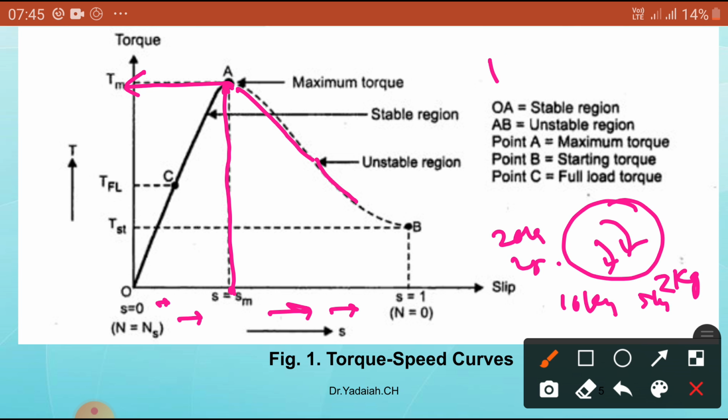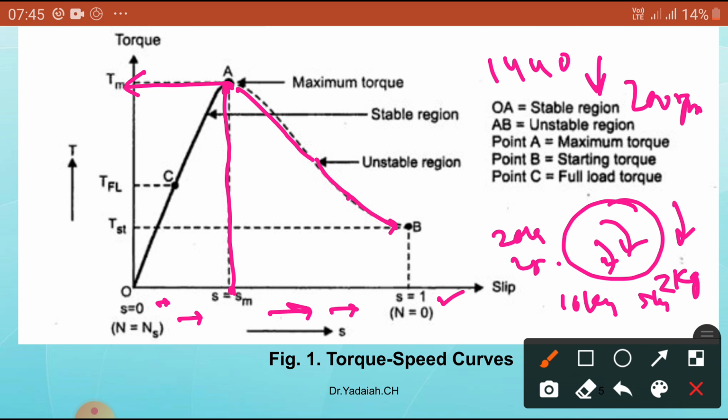Instead of 1440 rpm, it is running at nearly 600 to 700 rpm. Speed is very low. If you increase the load further, the speed will decrease and the slip will increase. At one stage, if increased further, the rotor will stop. At that condition, slip becomes 1.